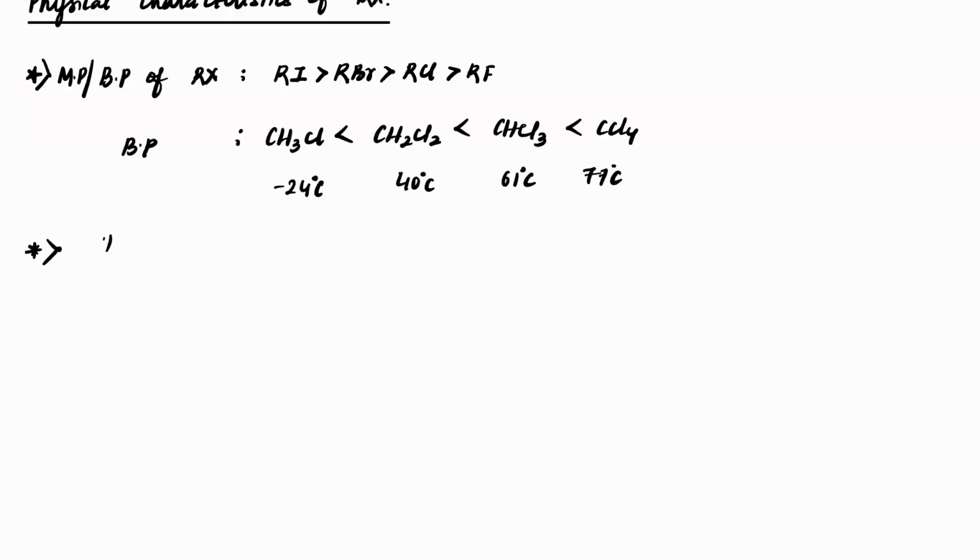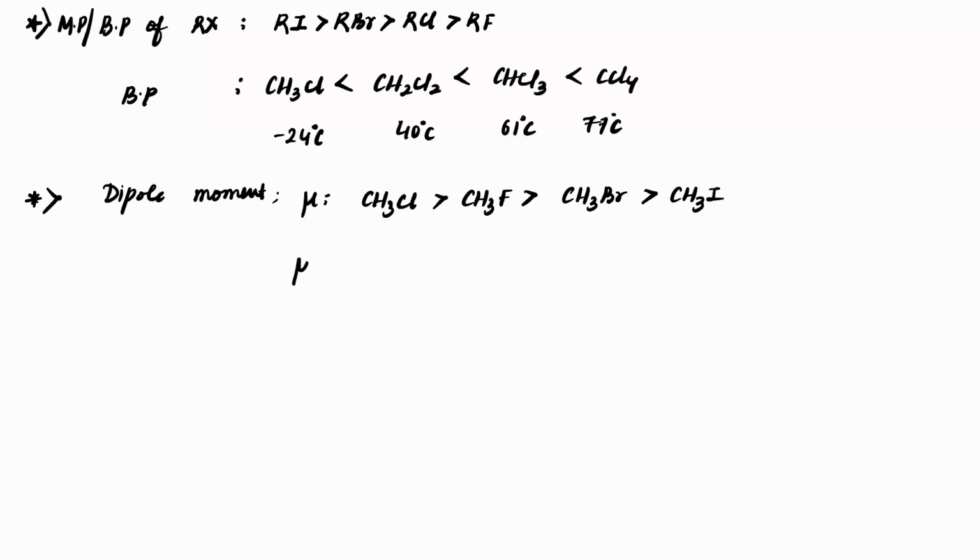Second, dipole moment. If you notice, the dipole moment of RCl, especially CH3Cl, will be greater than CH3F. This is an exception here, although fluorine has more polarity than CH3Br and CH3I. This is the first point on dipole moment. Second is the number of chlorines.